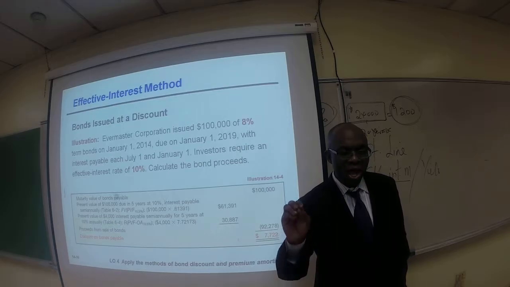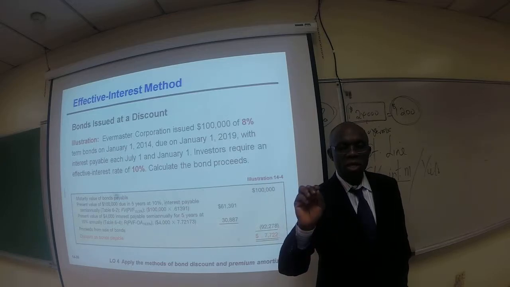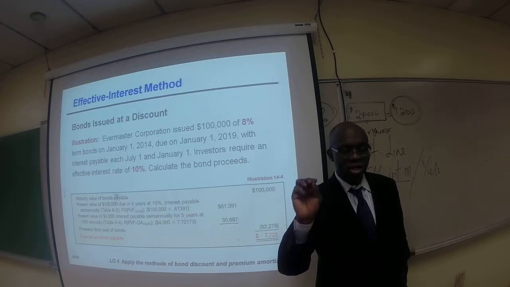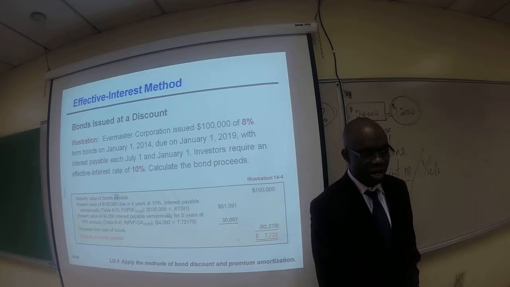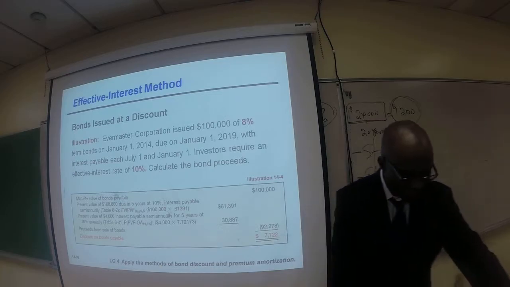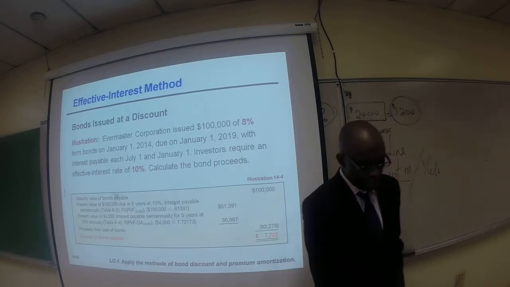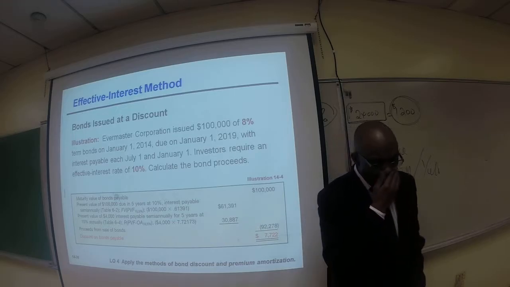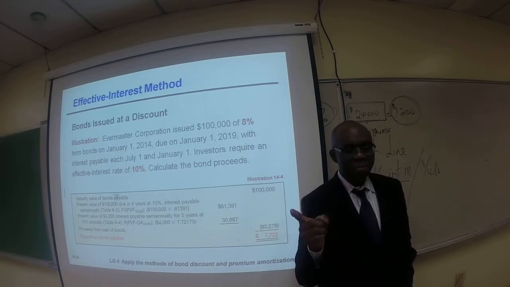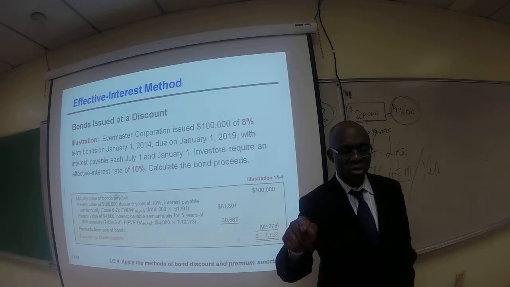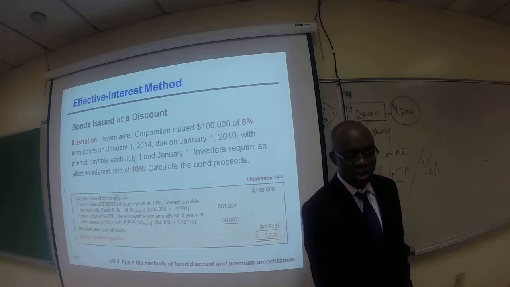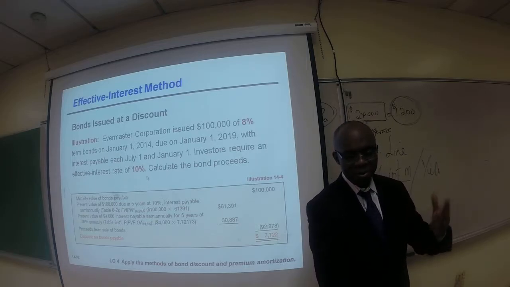Now, when we look at the present value interest factor, we use the effective interest rate. In this case, the effective interest rate is 10%. It is also important for us to know here that 10% is for 1 year, but the interest payment is going to be every 6 months. Because of that, we divide 10% by 2, so that will be 5% every 6 months.